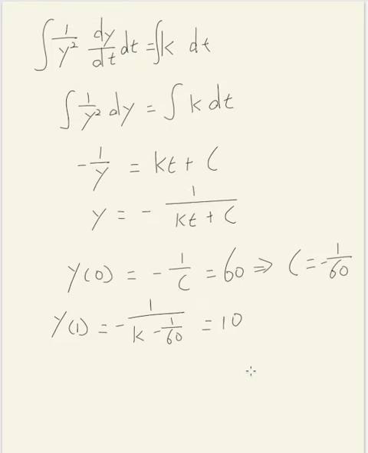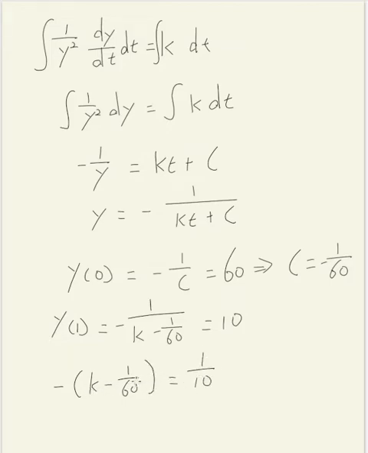Okay, all right, so we just need to calculate k. If minus 1 over this is 10, then divide 1 by both sides, we get minus k minus 1 over 60 equals 1 over 10.